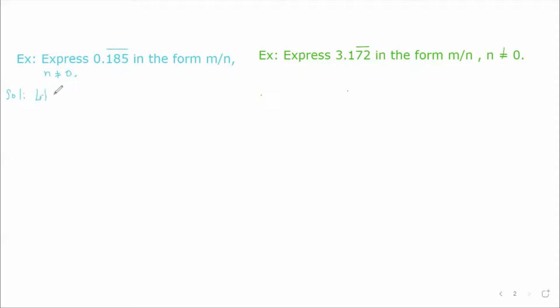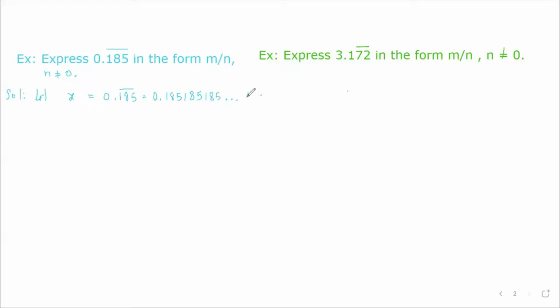So let x equal to 0.185 with a bar here, or you can write it down as 0.185185 and then dot, dot, dot.